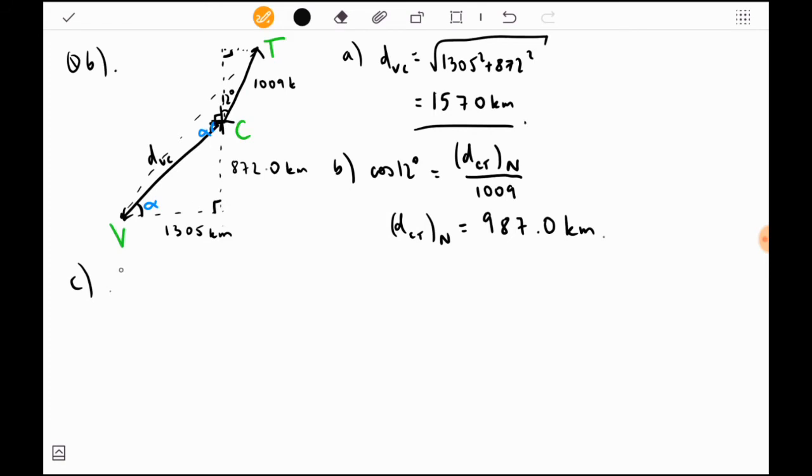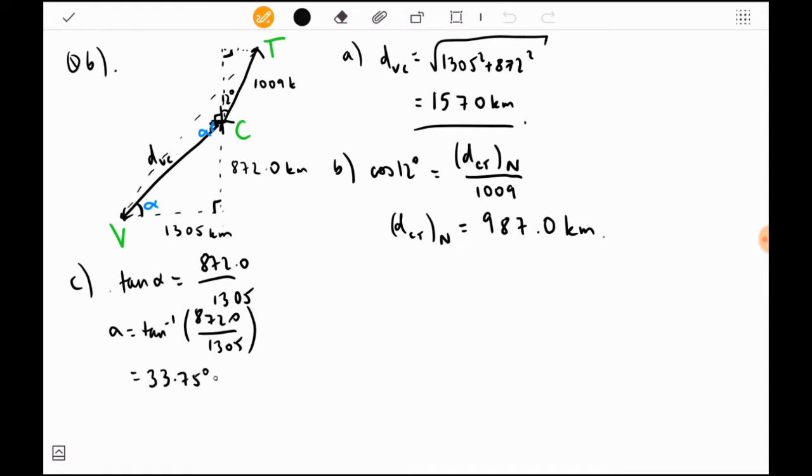Tan of the angle is equal to opposite, 872.0, over the adjacent, 1305. So it's the inverse tan of this, and that is equal to, to 4 significant figures, 33.75 degrees.